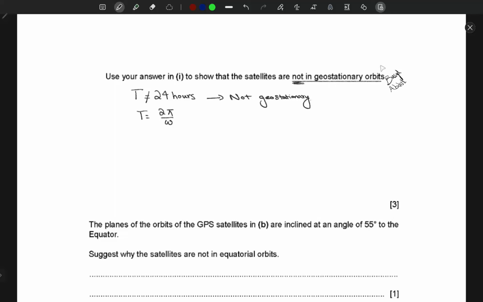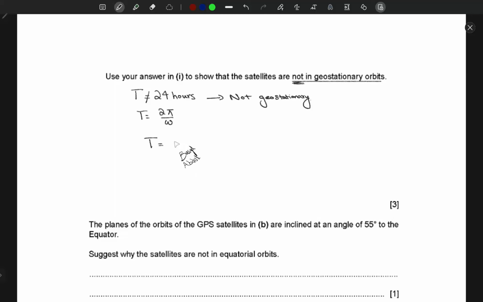So everyone agrees with that? Sir, yes. Do we have to find T in this case? Oh, we have to find T, right?